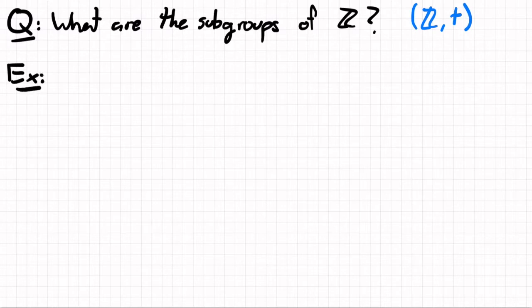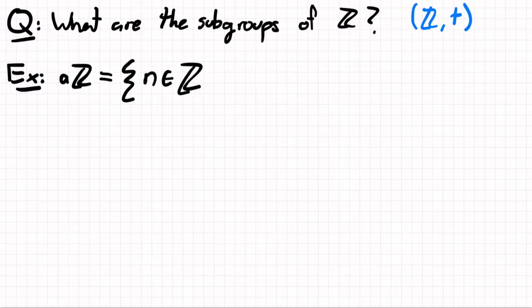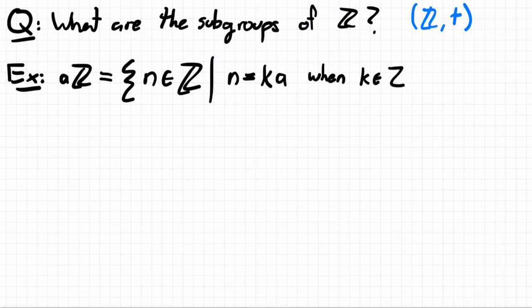So given a, which is an integer, let's define the set aZ, which is going to be equal to those integers n in Z such that n is equal to k times a, where k is any integer.